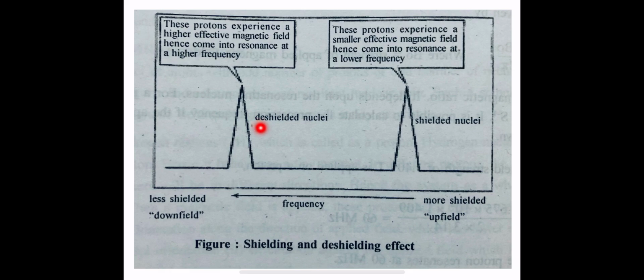Whereas for deshielded nuclei, the protons experience a higher effective magnetic field and hence come into resonance at higher frequency. So this is the higher frequency region. That is why it is less shielded, or also called deshielded. So this figure represents the shielding and deshielding effect.